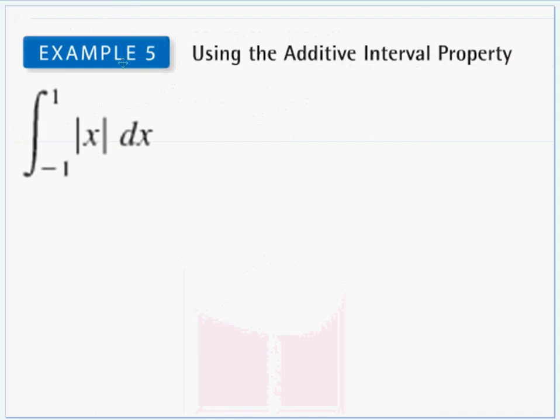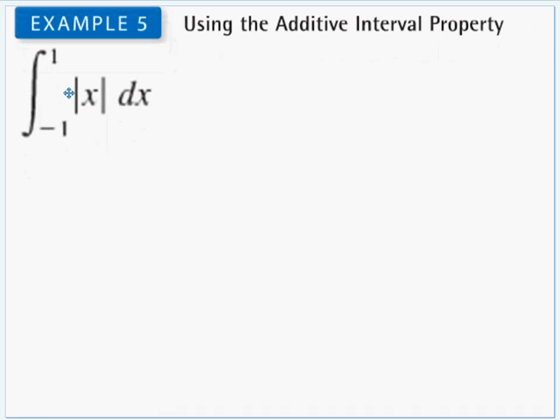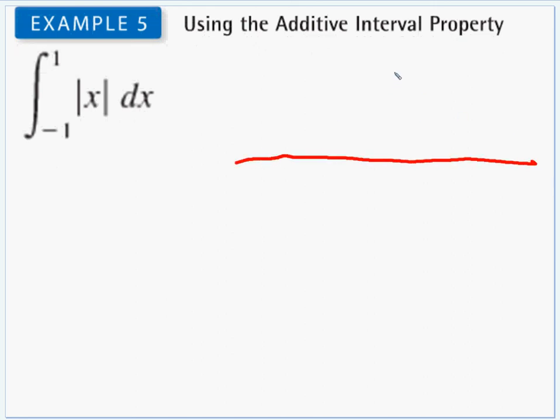So we're going to use here in example 5 that additive interval property. Now this one, it might be best to think about it graphically. We are going to go from negative 1 to 1 of the absolute value of x. We could just plug in some y values or x values. If I put x is negative 1 in there and I absolute value it, I get a y value of positive 1.